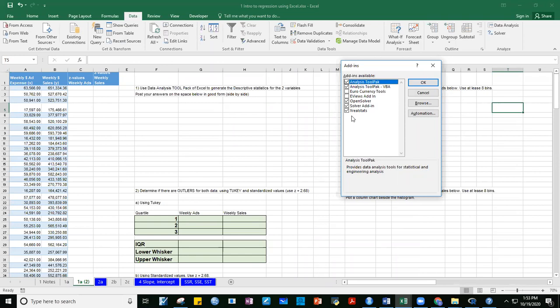While I'm here, guys, take note, I have an additional one here, the Real Stat. I expect you to have that by downloading from the URL I gave you, because this will make our Analysis ToolPak much more powerful. You don't have Real Stats yet because you haven't downloaded it, but kindly download that. So, click OK.